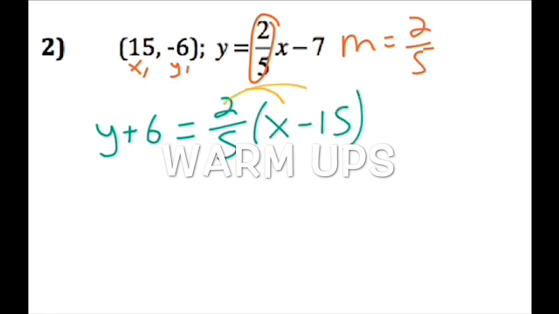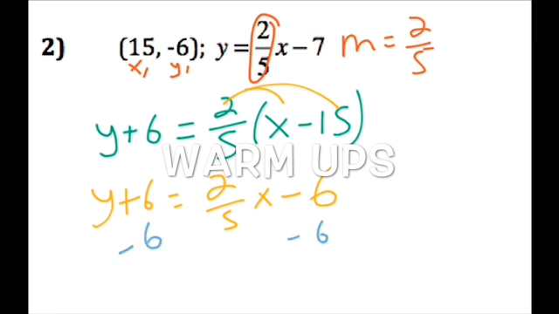We want to distribute the 2/5 through. So y plus 6 equals 2/5 x minus 12. Just kidding, sorry, minus 6. Then we're going to subtract 6 from both sides.